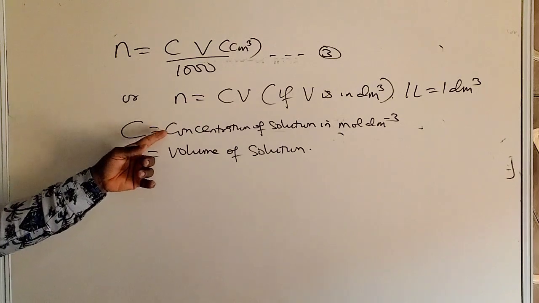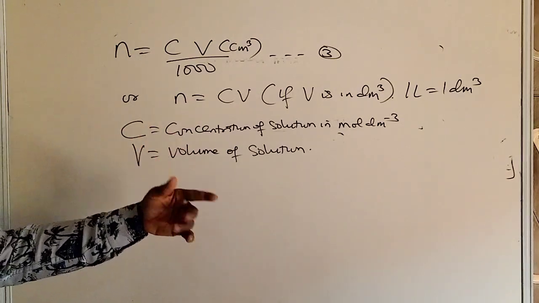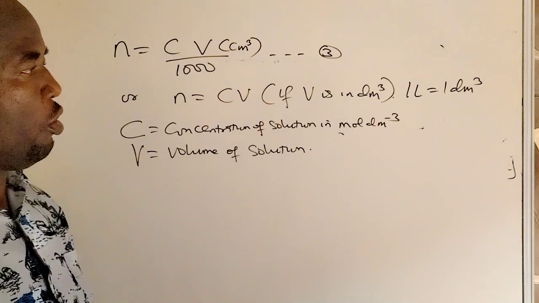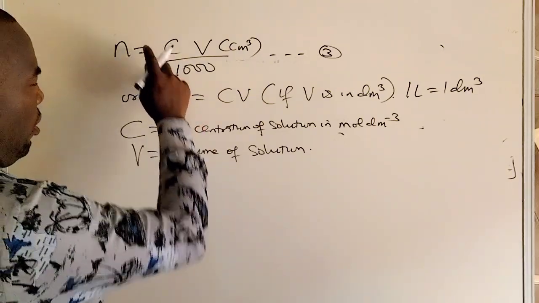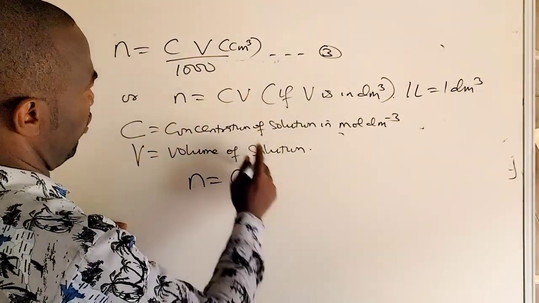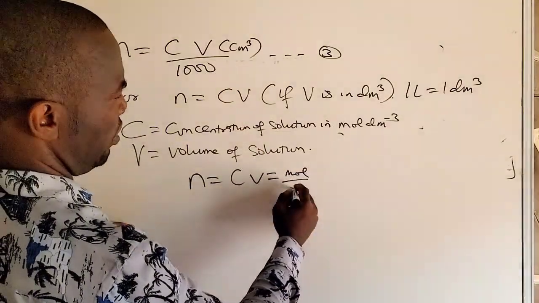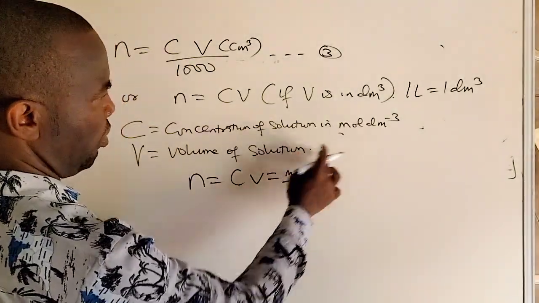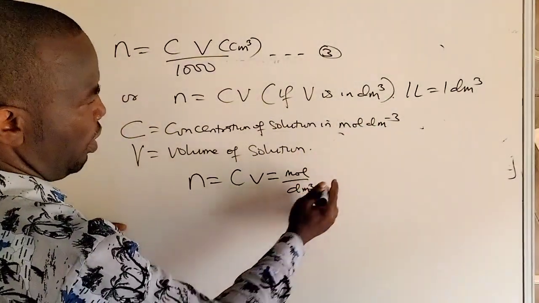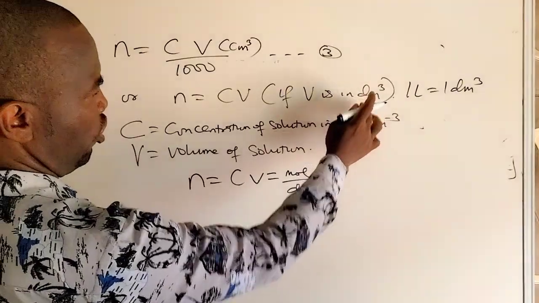So looking at this formula, n is CV. The unit of concentration is mole per dm cube, where per means all over, then the volume is expressed in dm cube.